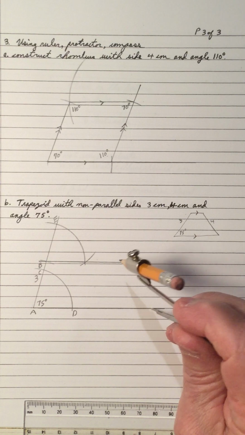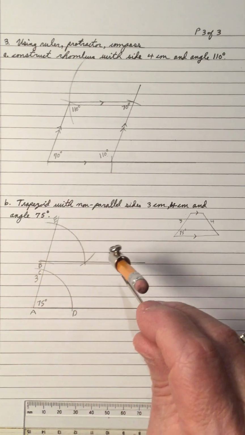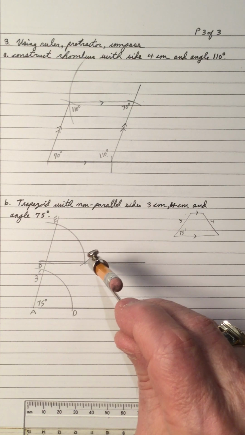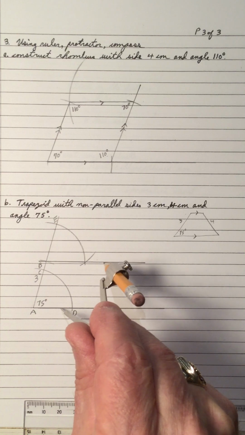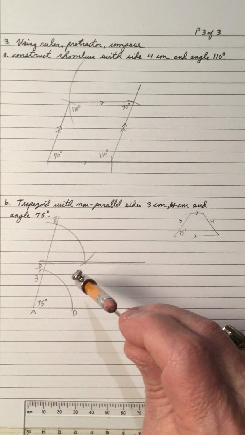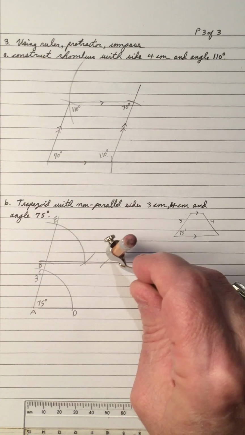I can put it here and mark off 4. I can put it here. I got to be careful. I can put it right here and mark off 4. I can turn it upside down, but if I put it anywhere along here, I can mark off 4.